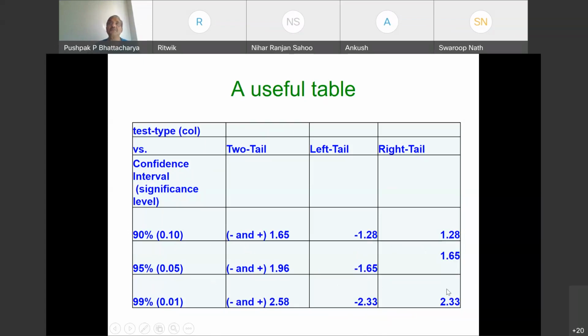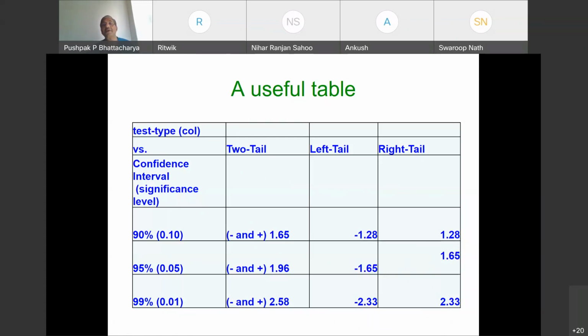So if you do not consider the areas on both sides of 0, but want to consider only one side, then these are the numbers. Similarly, minus infinity to 1.28, the area is 90%. Minus infinity to 1.65, 95%. Minus infinity to 2.33, 99%.